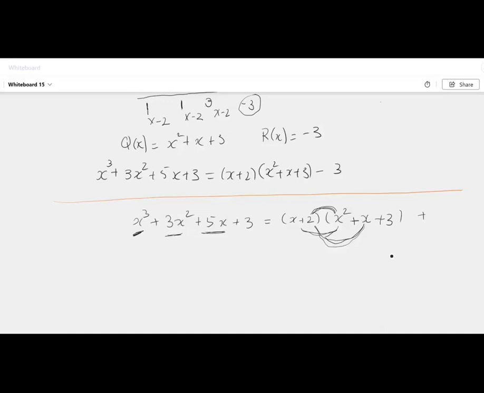And finally, to decide what the remainder is, I work out the constant term when I multiply the two brackets out. You can see quite clearly that the constant term is 6, 2 times 3, but I have 3 on the left hand side, so there is nothing I can do other than subtracting 3.